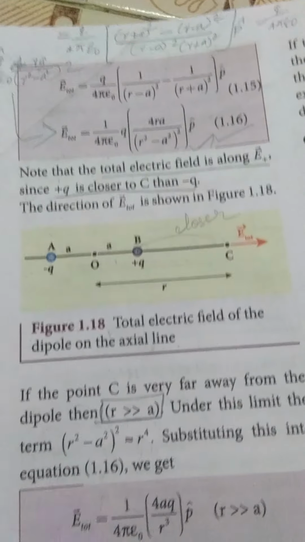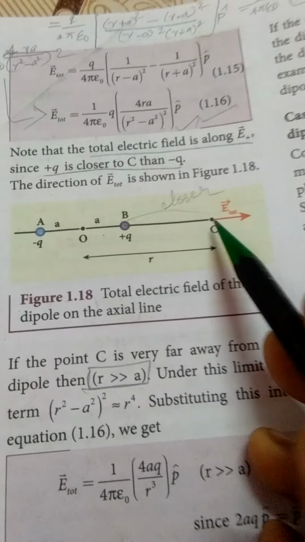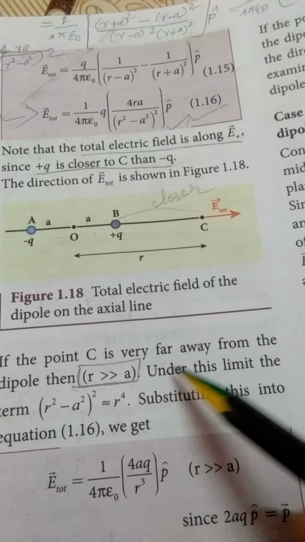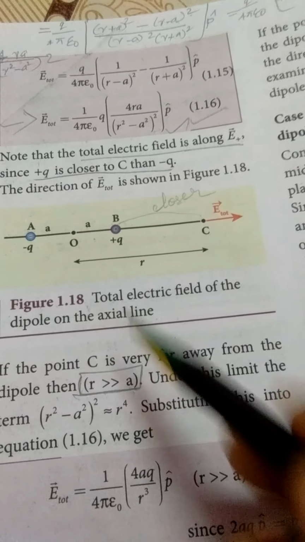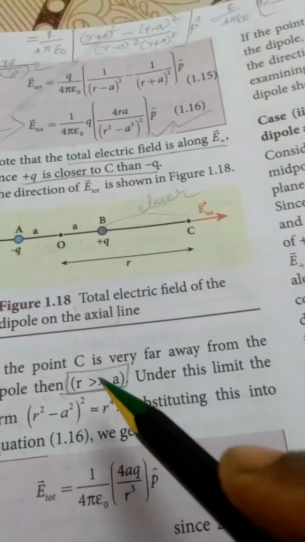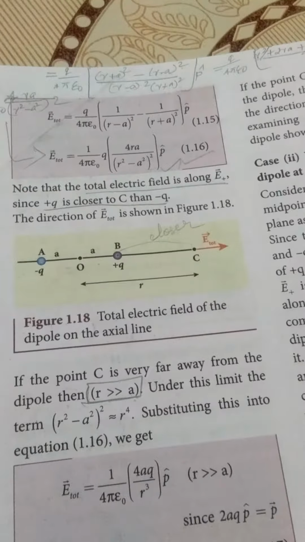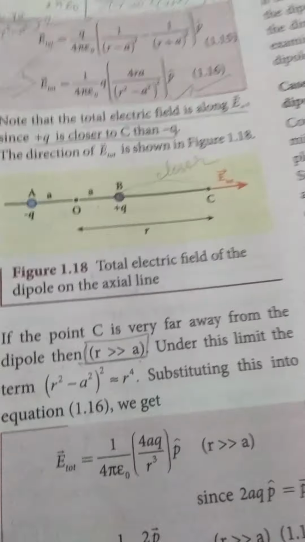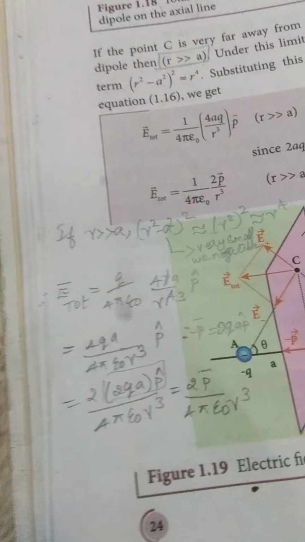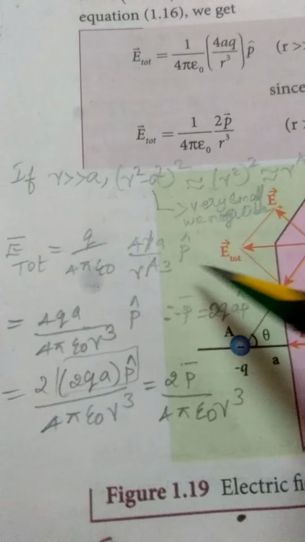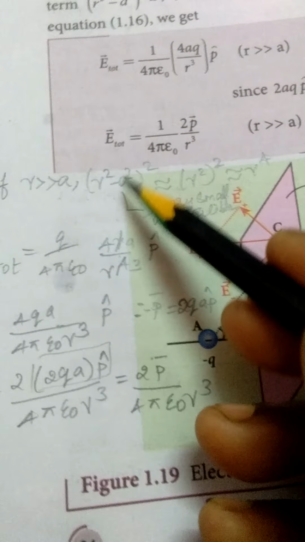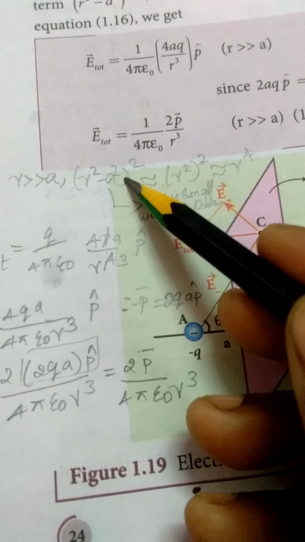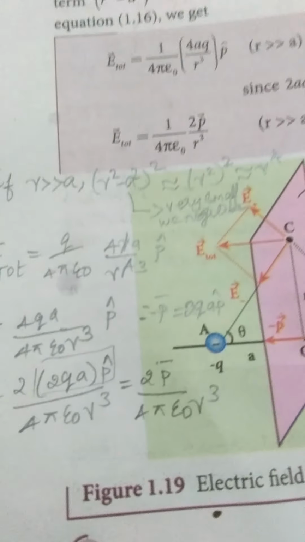Now consider the case of a point very far away from the dipole, so the value of R is very much larger than A. Then R squared minus A squared: A squared is a very small value, so we can neglect that very small value.